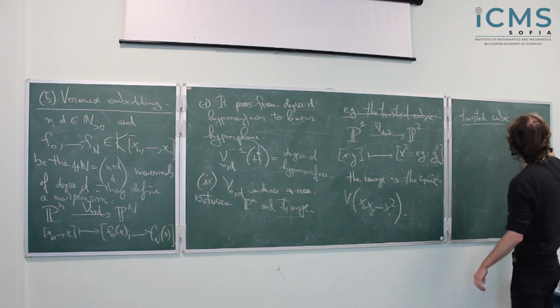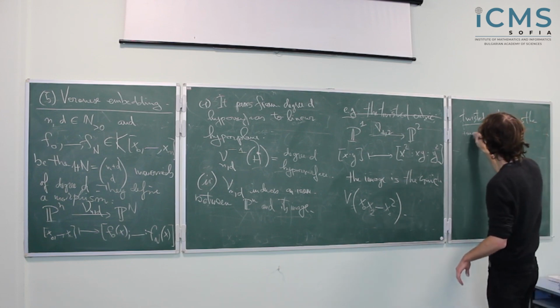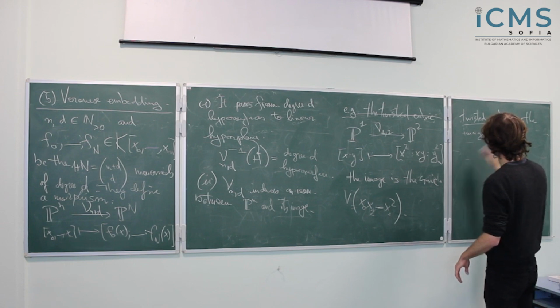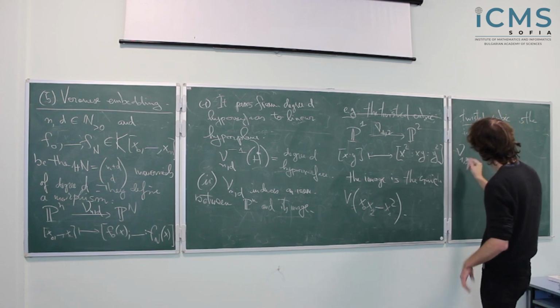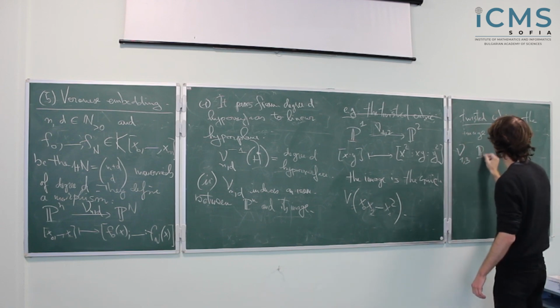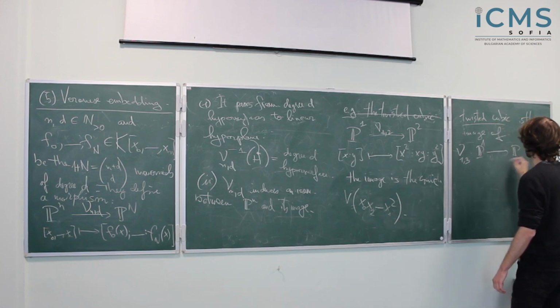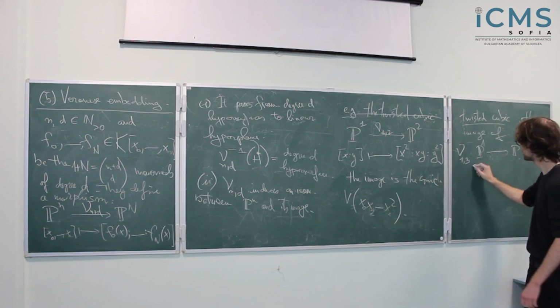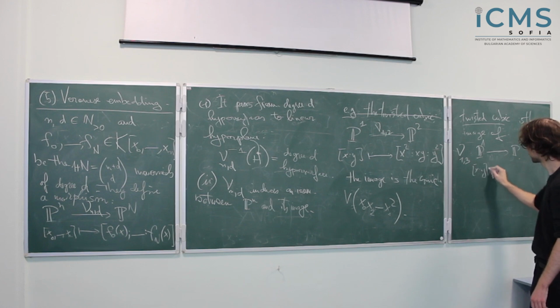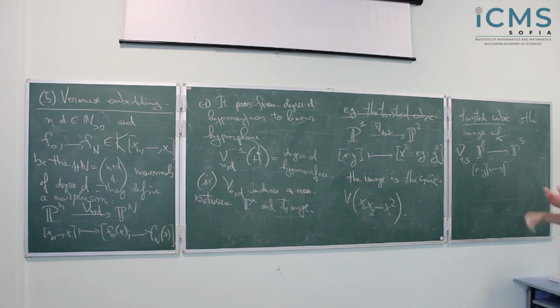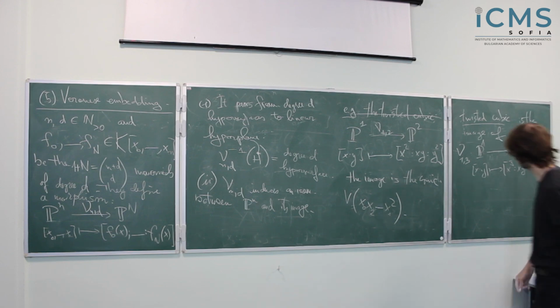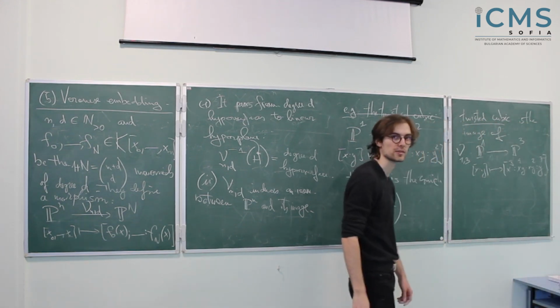It is an image of V1 3, so it will be a curve inside of P3. So you have all the 4 cubic monomials. And okay, this makes more sense.